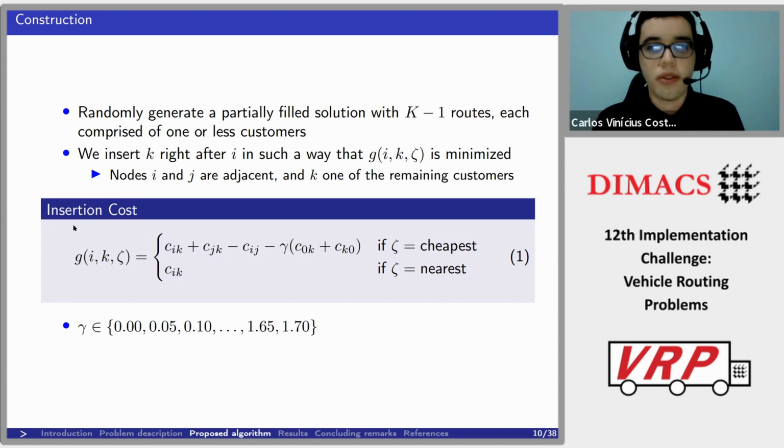And we insert the rest of the customers according to a certain insertion criterion, which is chosen randomly, which can be either the distance between the customer which is going to be inserted and the position where it's going to be inserted, or its actual insertion cost minus a factor that depends on its distance to the depot, times a factor gamma, which is a random number in this range.